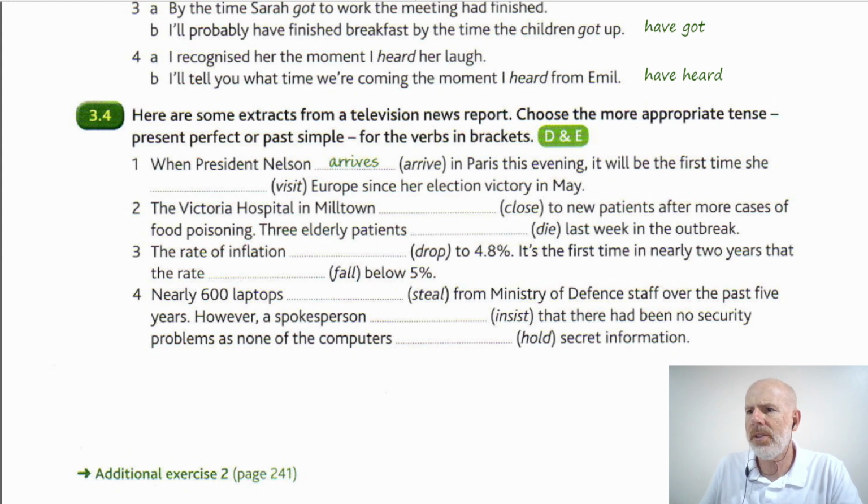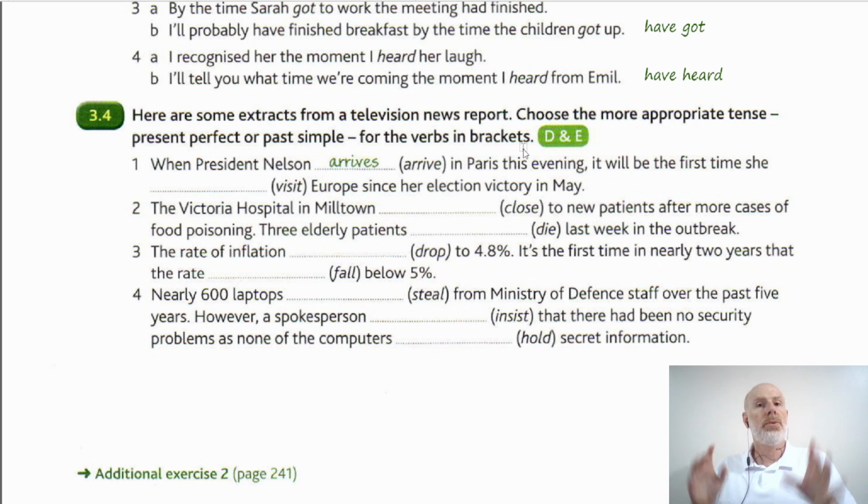Let me see, I'm not in front of the information, so I'll stay here in the corner. Here are some extracts from a television news report. Choose the more appropriate tense, present perfect or past simple for the verbs in brackets.